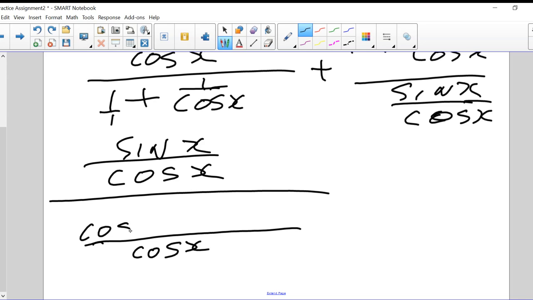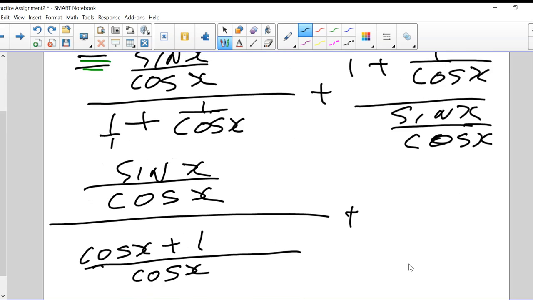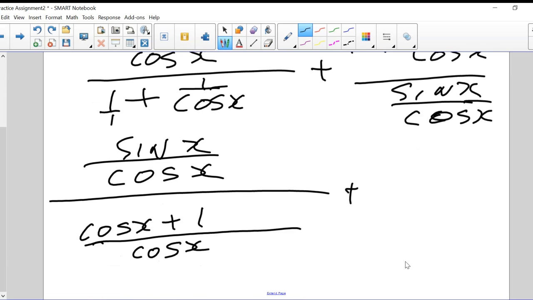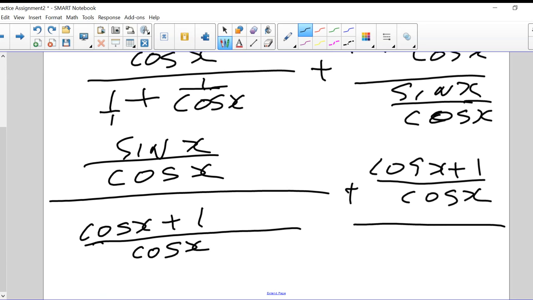Would be cos x plus 1. Okay, and I can do the same thing over here. Since it's the same 1 plus cos x, I'm going to write this as cos x plus 1 over cos x, all of that over sine x over cos x.